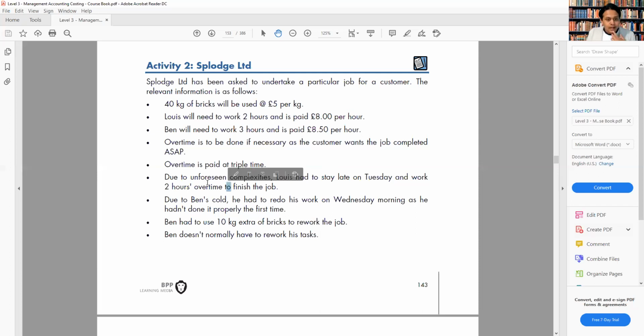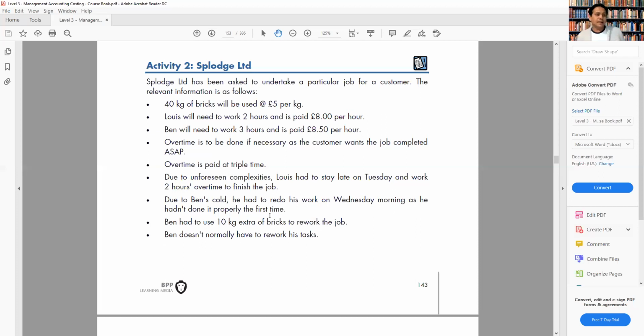Due to unforeseen complexities, Louis had to stay late on Tuesday and work 2 hours overtime to finish the job. So Louis basically worked 2 hours overtime. Due to Ben's cold, he had to redo his work on Wednesday morning as he had not done it properly the first time.